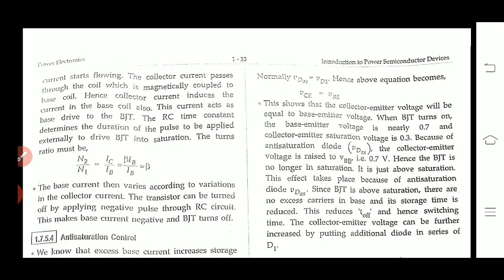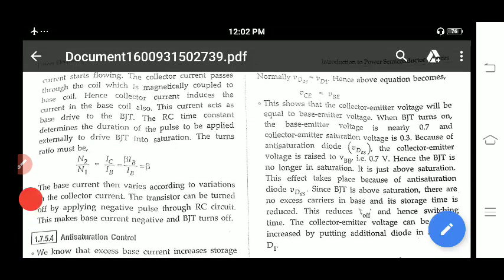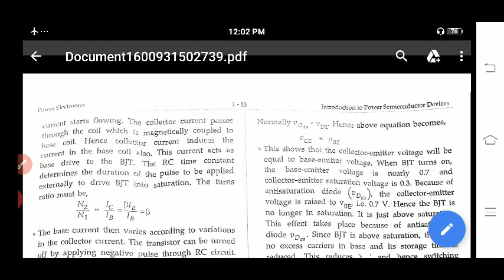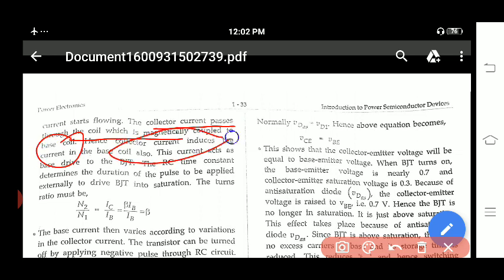Next, according to this inductor, they have written like this. The collector current passes through the coil. That coil we have seen is magnetically coupled to the base coil. Hence, collector current also induces current in the base coil.